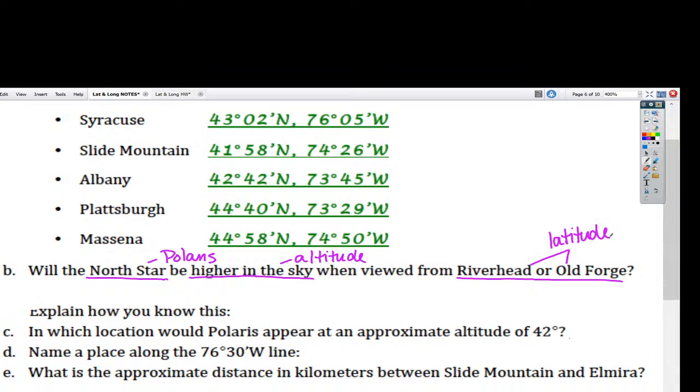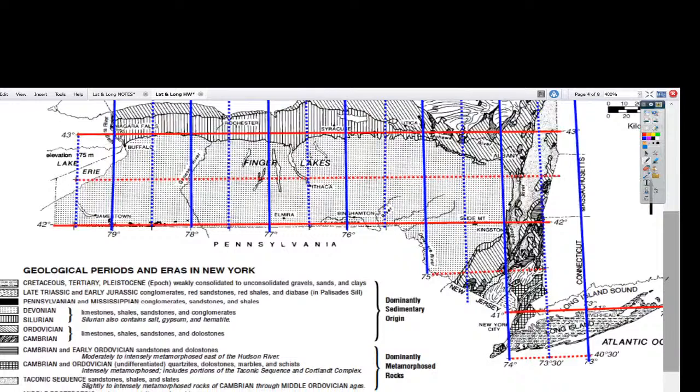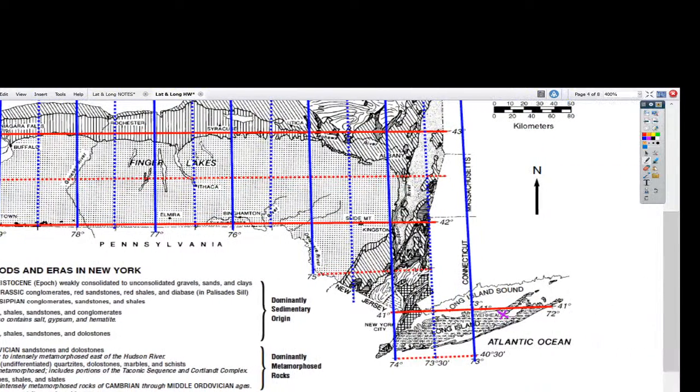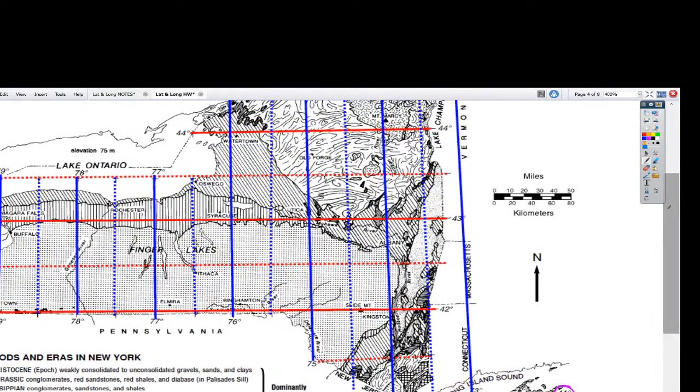So let's look at page 3 of the reference table. Finding on our map Riverhead, which is down here, I would say Riverhead is close to about 41 degrees, so we'll say Riverhead's 41, and then Old Forge is about 43 degrees, 45 minutes north, I would say. So if I was at either one of these locations, which one would have Polaris be higher in the sky?